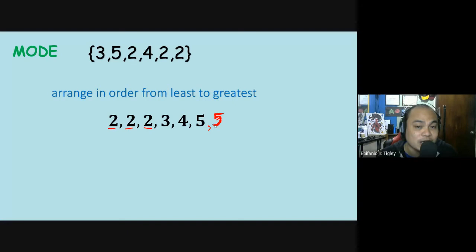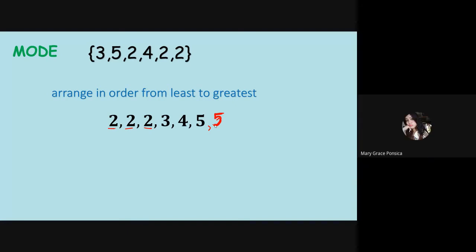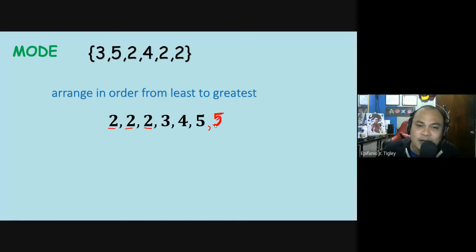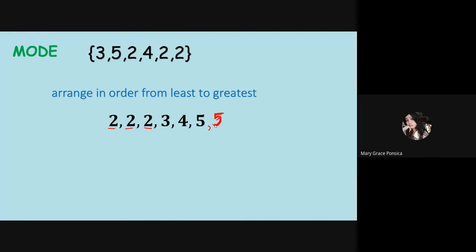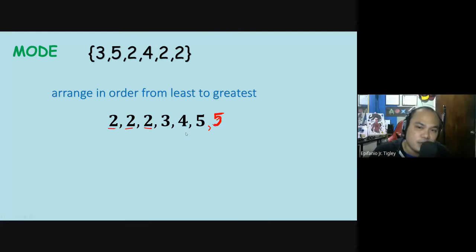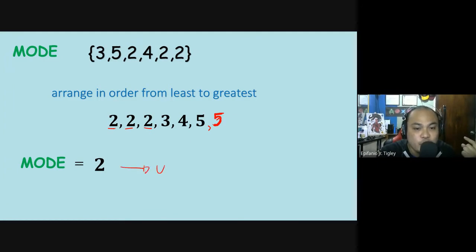Are you gonna include number 5 in the mode? No. Why not? Because the mode is the number which is repeated more than any other number in the data set. Although number 5 is repeating, it repeats only twice. Number 2 repeats the most. So what is our mode here? It's 2. And this is still unimodal.